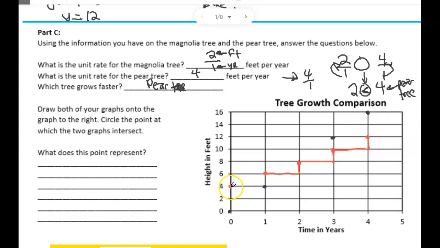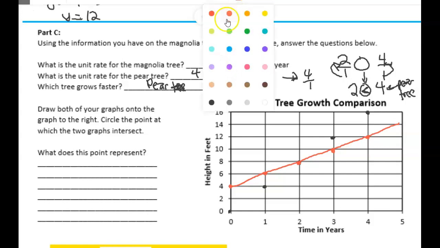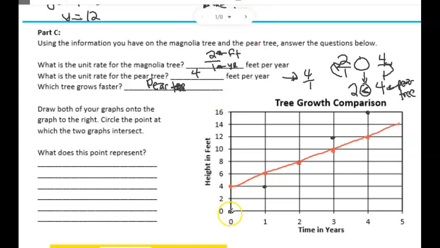Let me lay my line. Let me erase this. All right, so let me go ahead and make my line. Oh boy, it's not going to be the straightest, but you guys get the idea. Okay, so now let's go and get my other line here.